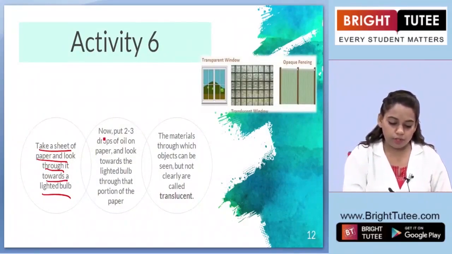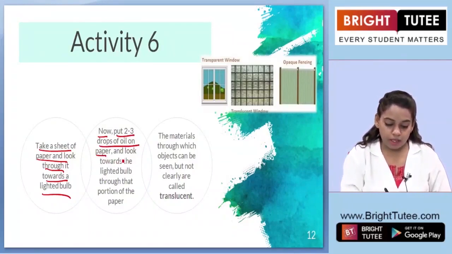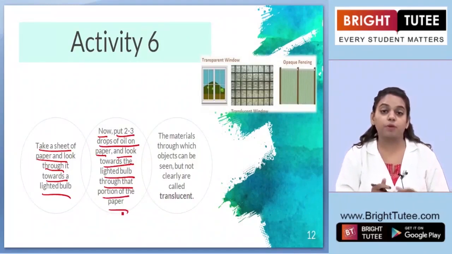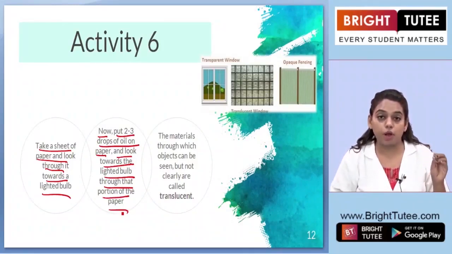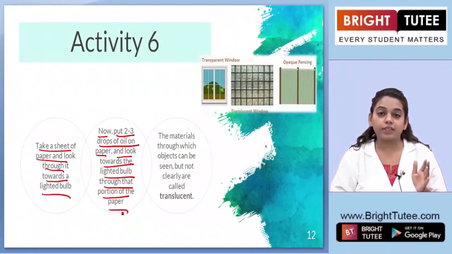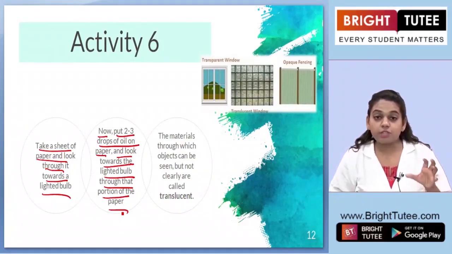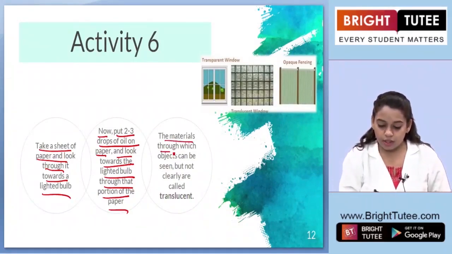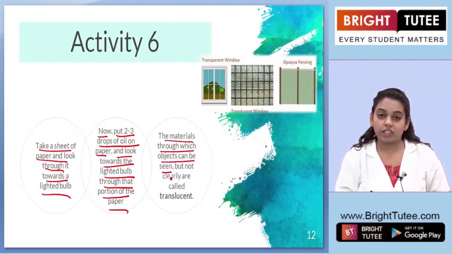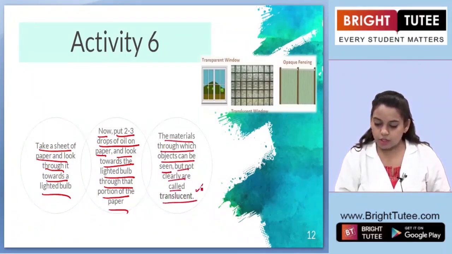Now you will put 2 to 3 drops of oil on the piece of paper and look towards the lighted bulb through that portion of the paper on which you have poured a few drops of oil, and you will observe that you can slightly see through the paper now. Such material through which objects can be seen but not very clearly, we can say we can see through the objects partially, are known as translucent objects.